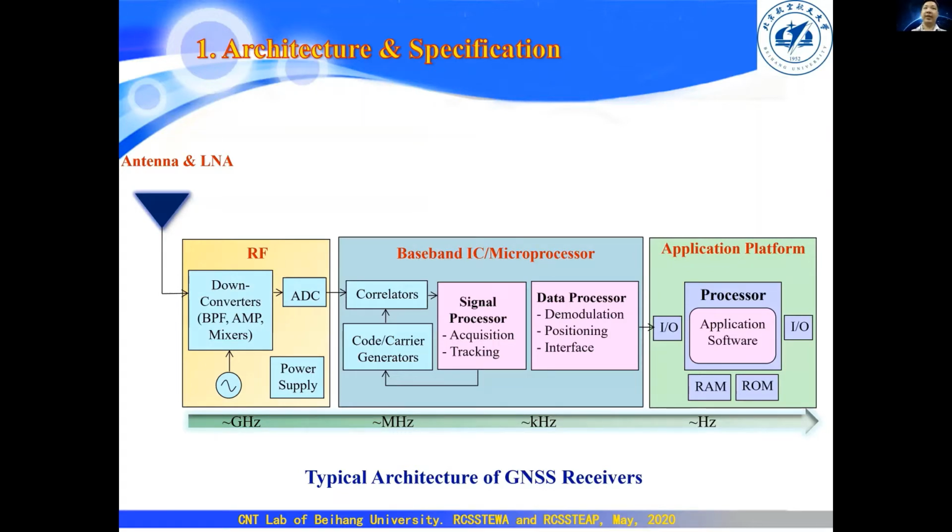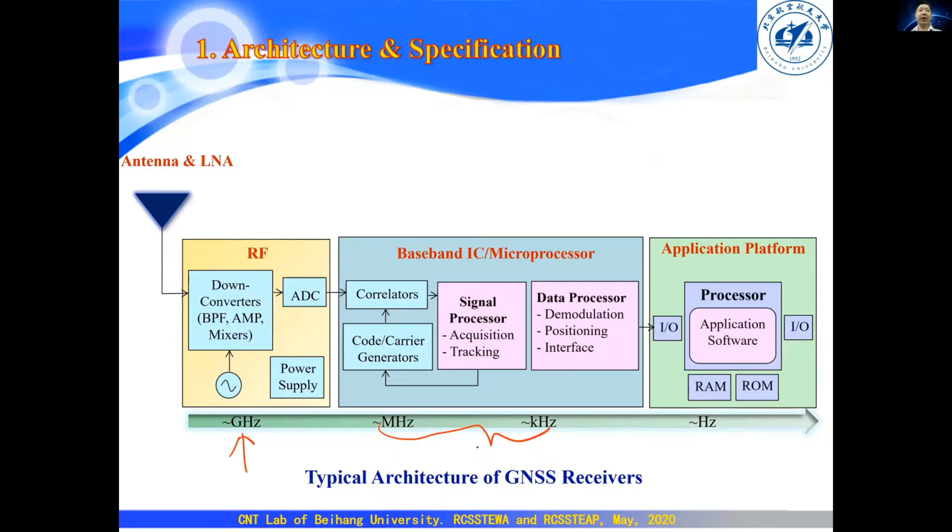We need an antenna, and remember, commonly the signal is at gigahertz. Then the baseband is commonly integrated into a chip, focused on megahertz to kilohertz signal processing. This is what we call baseband.